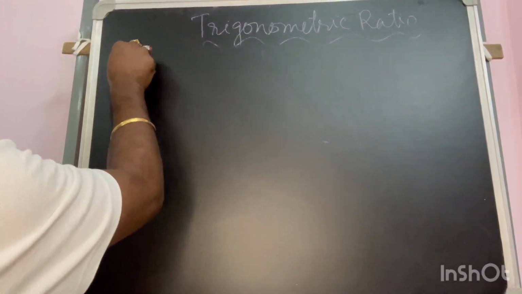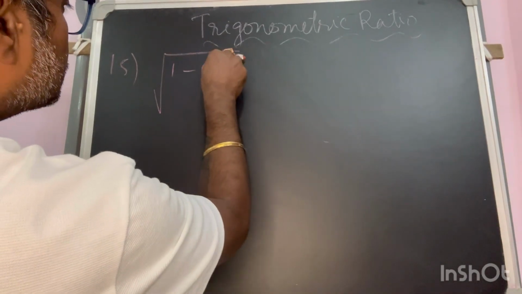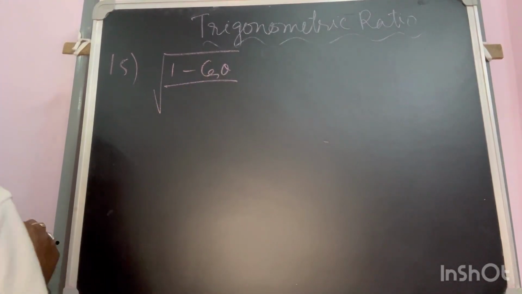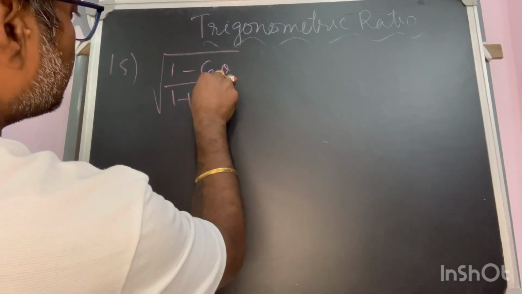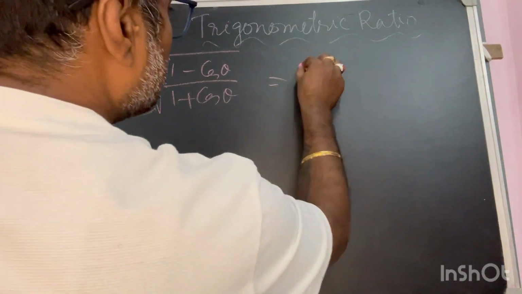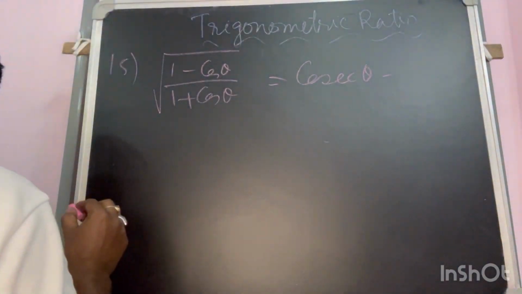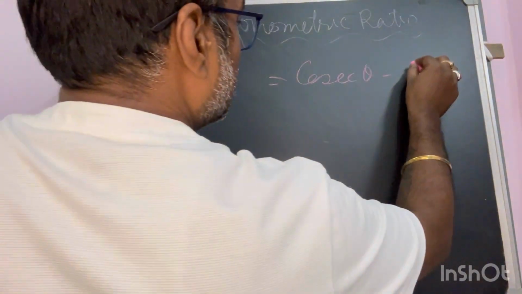15 this time. 15 says under root of 1 minus cos theta divided by 1 plus cos theta is equal to cosec theta minus cot theta.